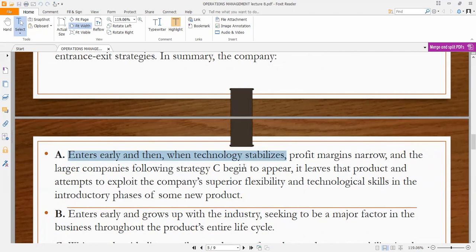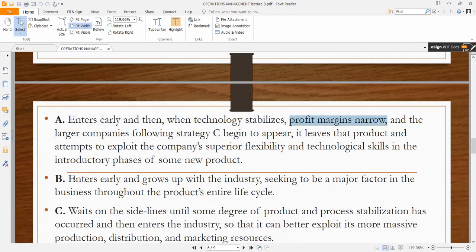The profit now will spread, and they'll begin making what? A normal profit. Okay, meaning the supernormal profits have been shared. Now that's what we mean when we say the profit margins will narrow and the larger companies following strategy C will begin to appear.